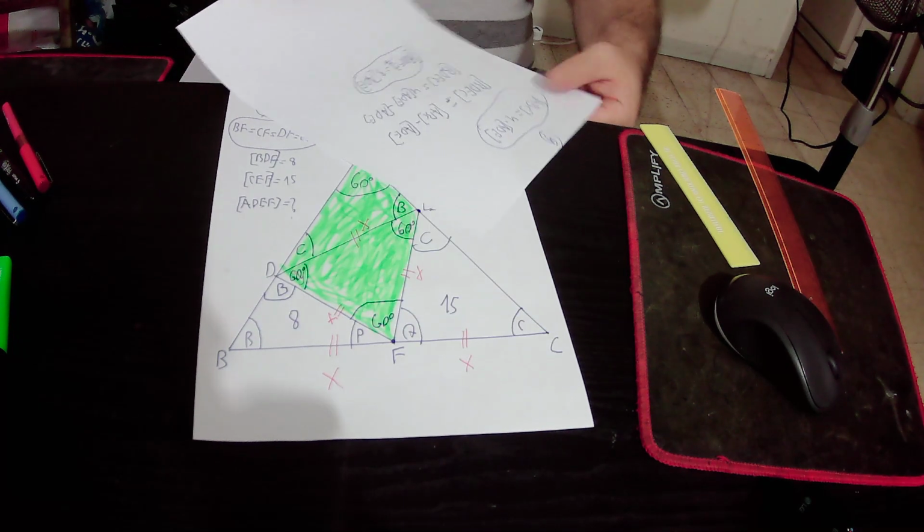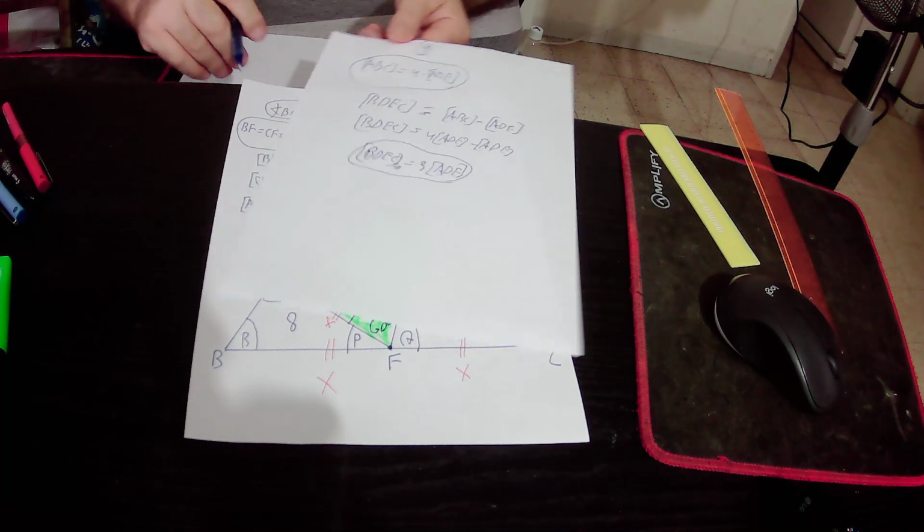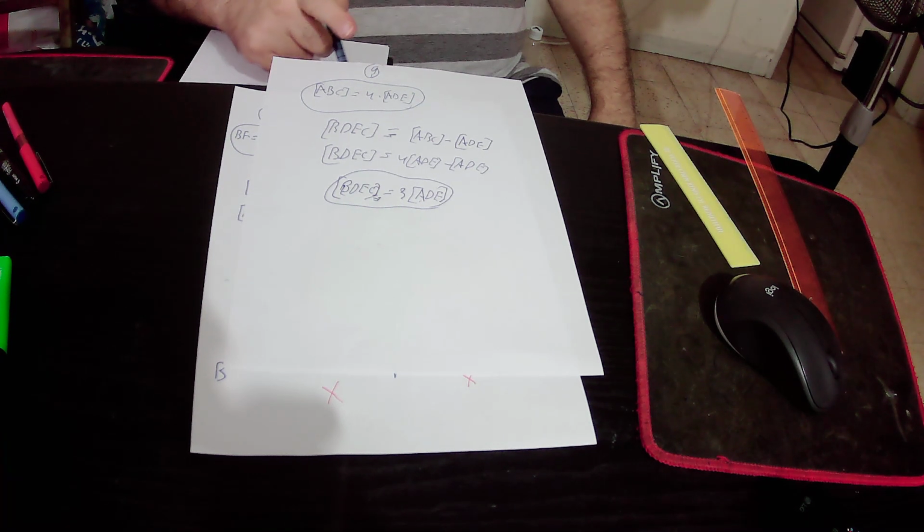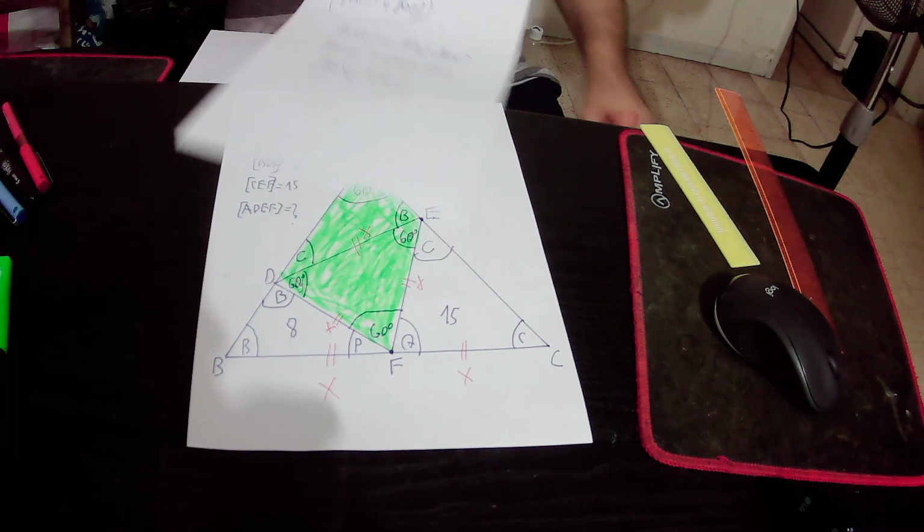So we actually found out that the area of quadrilateral BDEC equals 3 times the area of triangle ADE, and the area of triangle ABC equals 4 times the area of triangle ADE. Okay.